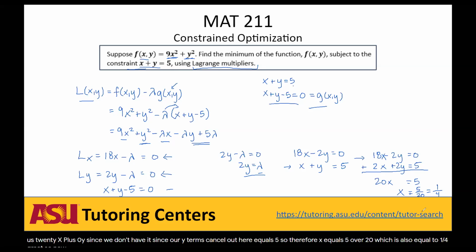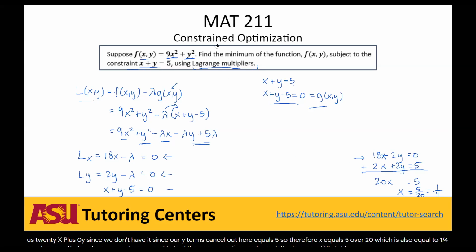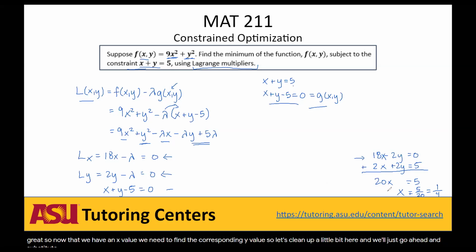Great. So now that we have an x value, we need to find the corresponding y value. So let's clean up a little bit here. And we'll substitute our x, which is x equals 1/4, into our third equation here. So we have 1/4 plus y minus 5 equals 0.